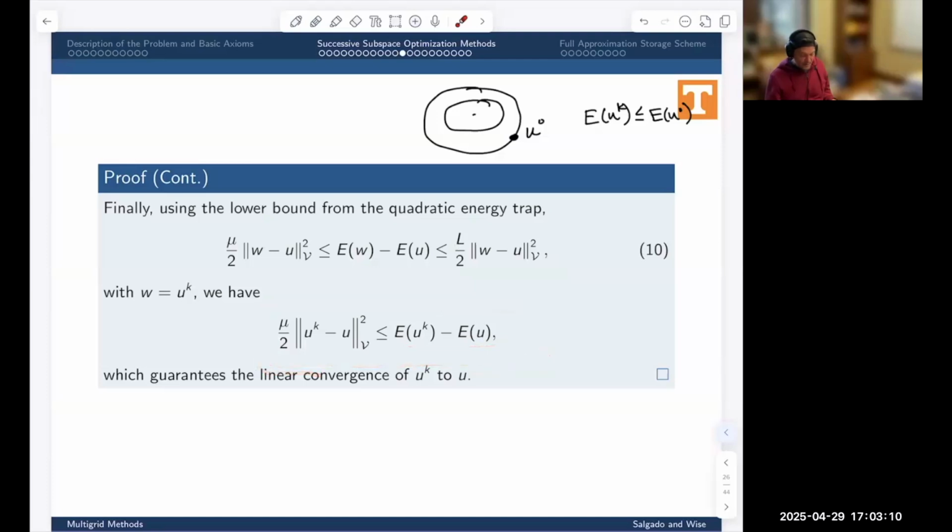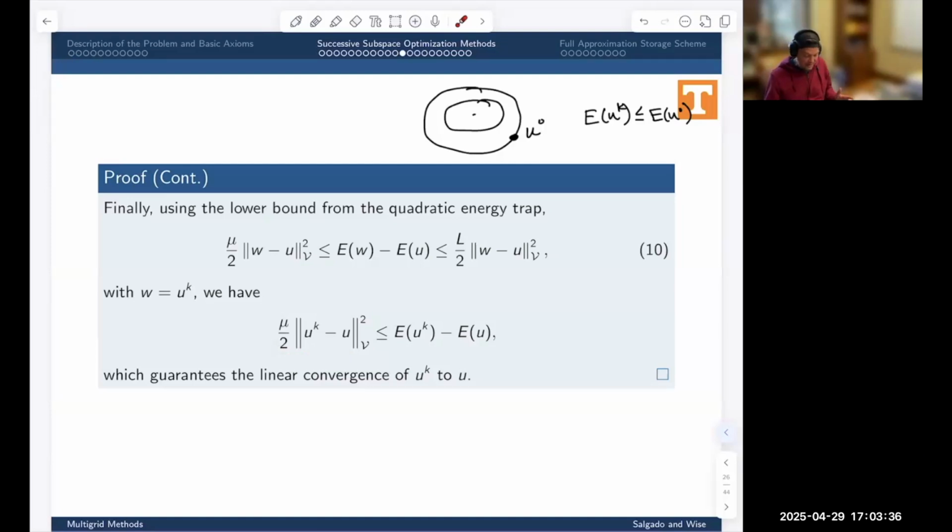So if this is going to 0, which it is, and it's going to 0 linearly, that implies rigorously that this norm squared is going to 0 with a linear rate. But if the norm squared is going to 0 at that rate, then the norm actually has to be going to 0 at a linear rate as well.